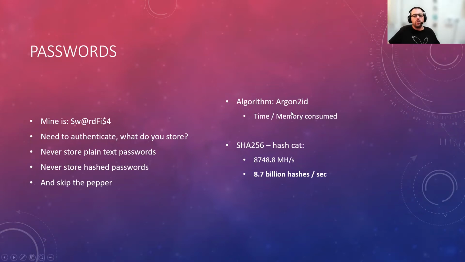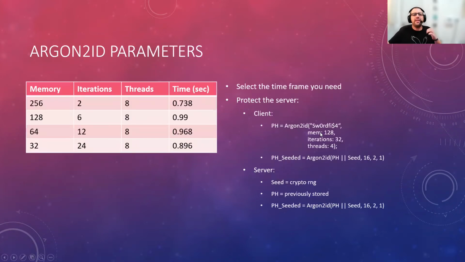Now, there are algorithms specifically made for hashing passwords, Argon2id, for example. Now, what's the idea? The idea here is that Argon is meant for a very non-obvious problem. What we want is to ensure that this is not efficient.